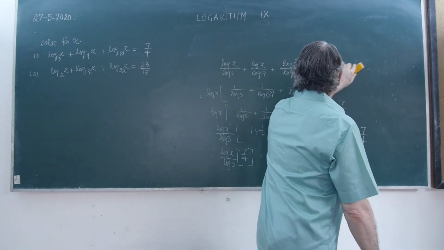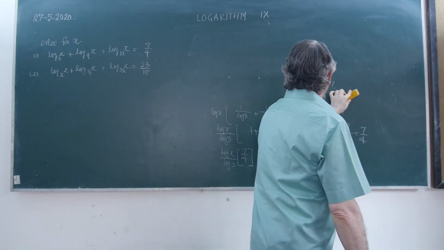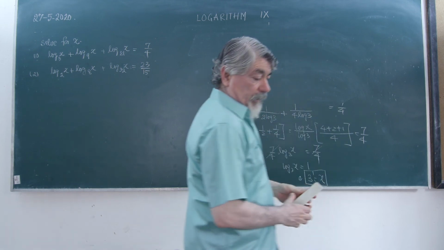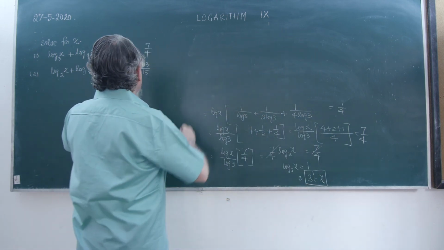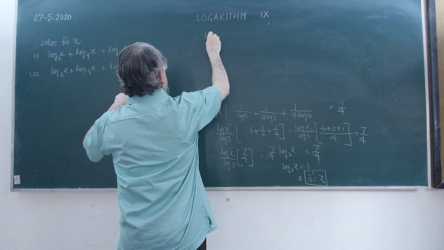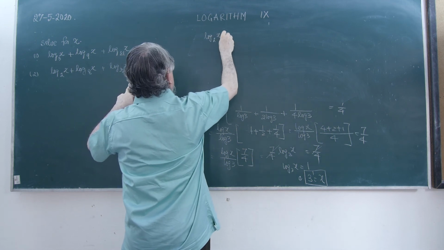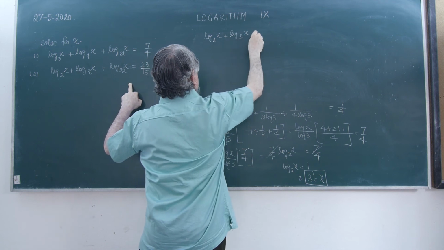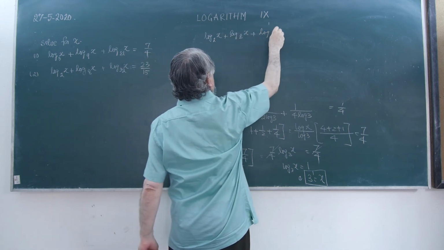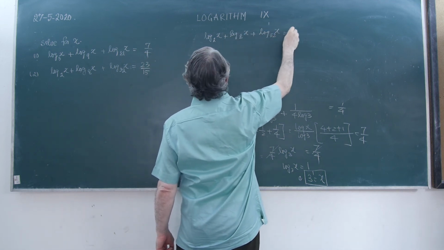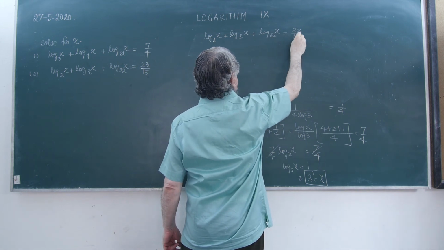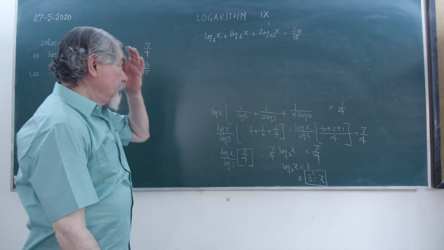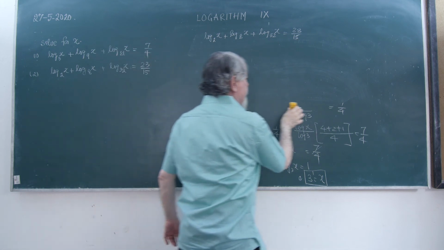The same way, let us solve the second part of this question, where we have to get the value of x. It is log x to the base 2 plus log x to the base 8 plus log x to the base 32 is equal to 23 upon 15. Again we do the same thing.